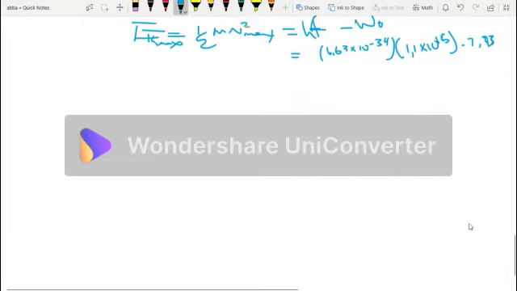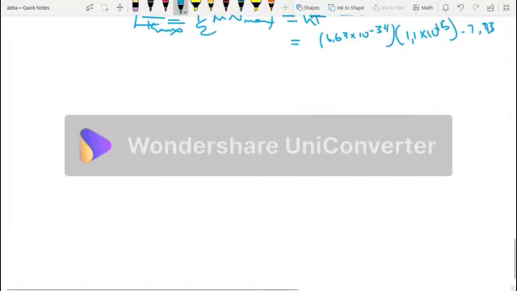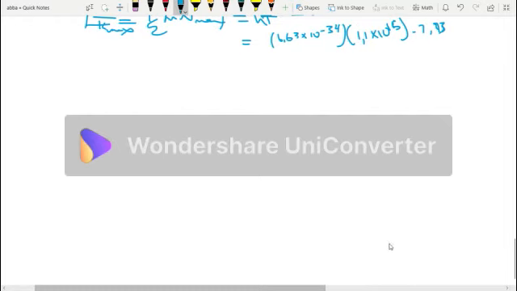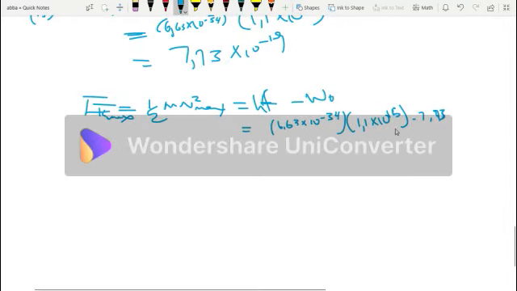Let me try to move this a bit. Like this, right? Yeah, good. So 7.73 multiplied by 10 to the negative 19.